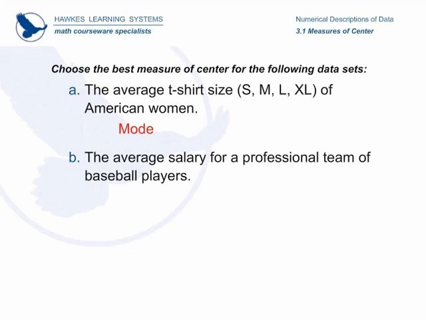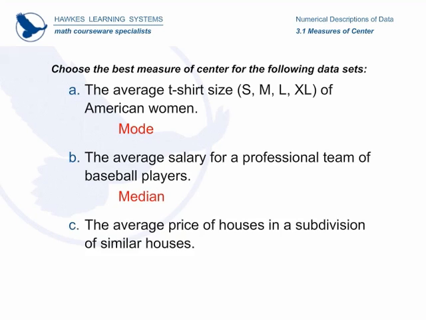Next we have, as an example, the average salary for a professional team of baseball players. In this example we've got numerical data. Salaries would be in numbers, and so the best measure of center to use would be the median, or the middle value.